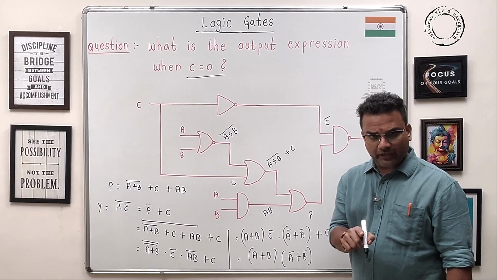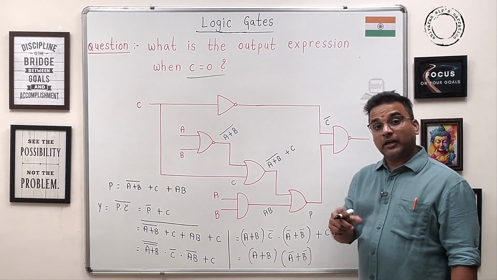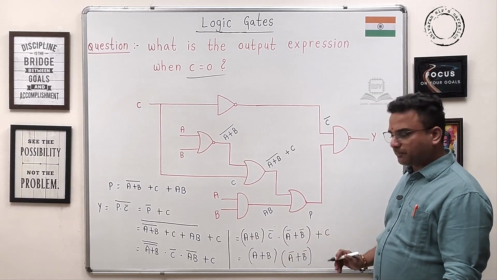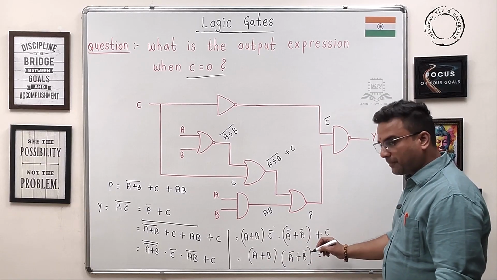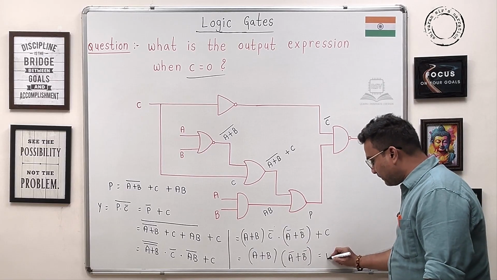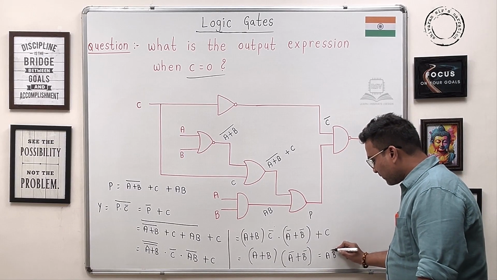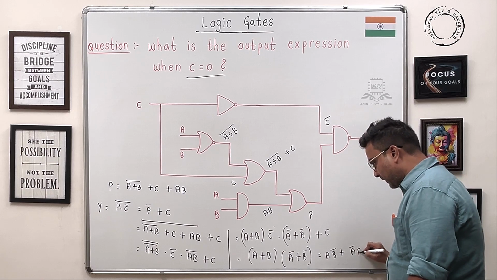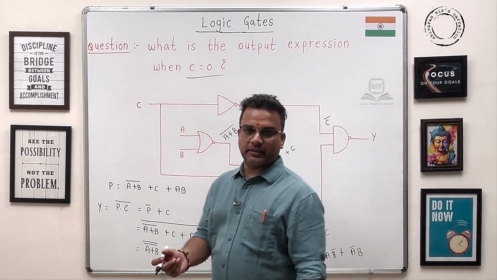Still, if you need this expression in terms of SOP, then again you cross multiply: A into A bar is 0, plus A B bar, plus A bar B, plus B into B bar is 0.